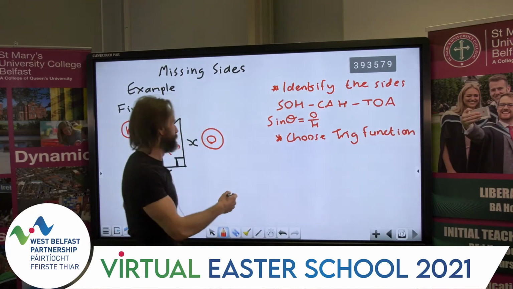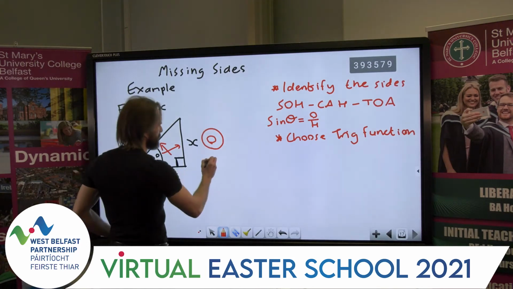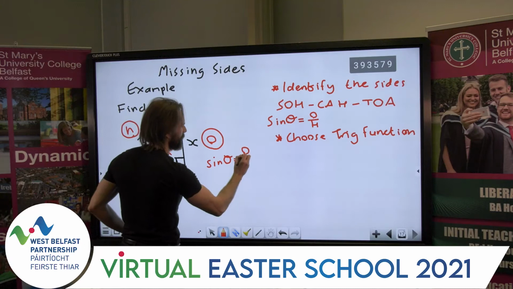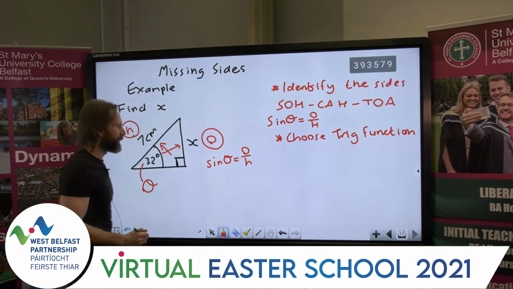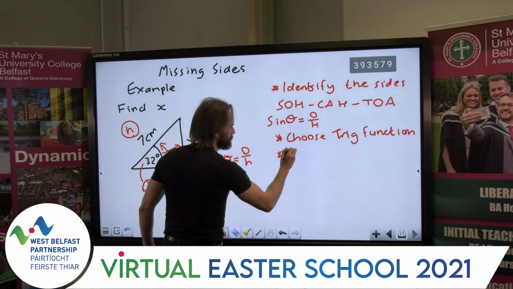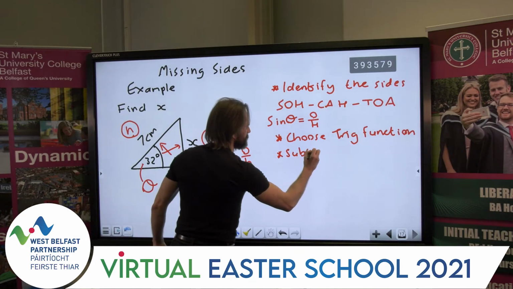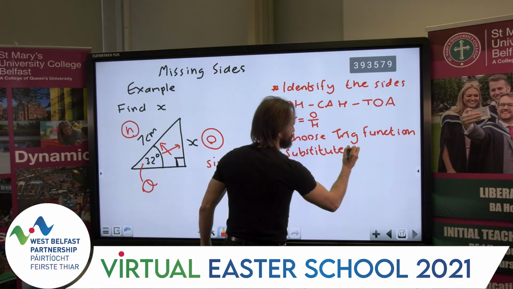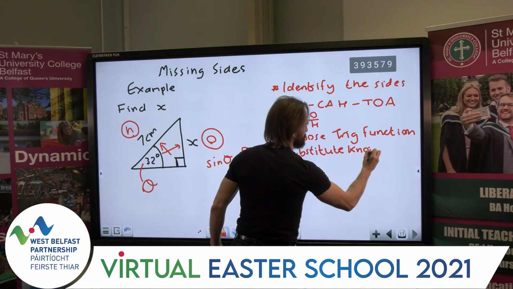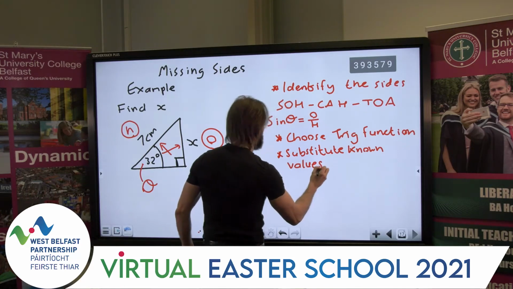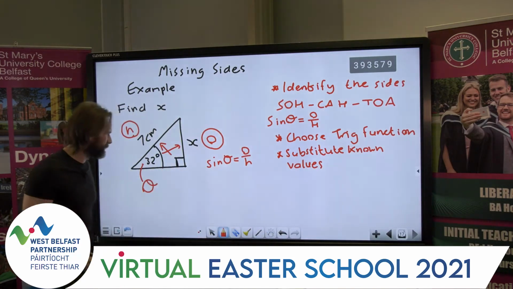Okay, so once we've done that, sine beta equals opposite over hypotenuse. We're using sine in this case. It's just a matter of substitution, so substitute known values. Let's take our known values from the diagram of the triangle.